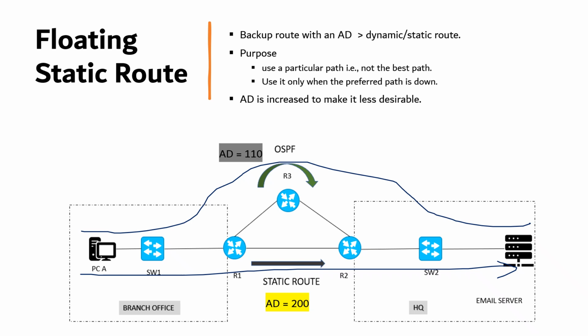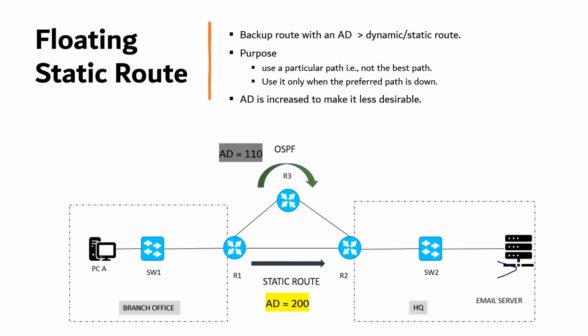That is as per our design. So as I said, the administrative distance of a static route can be increased, as we have increased here, to make it less desirable than that of another path learned through a dynamic routing protocol.